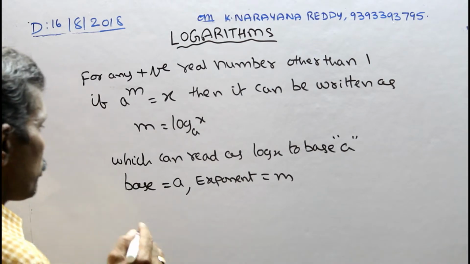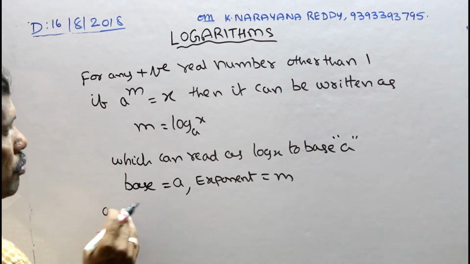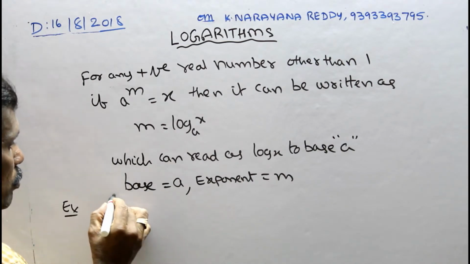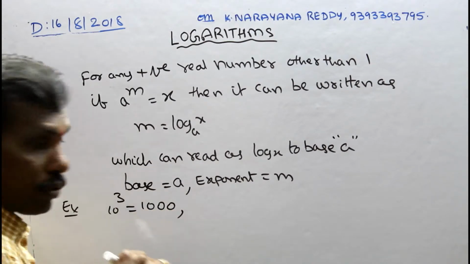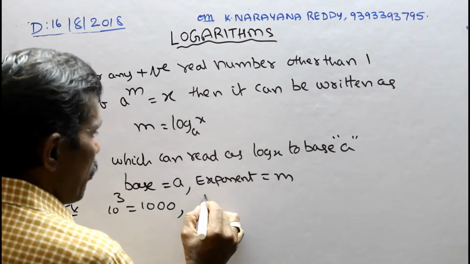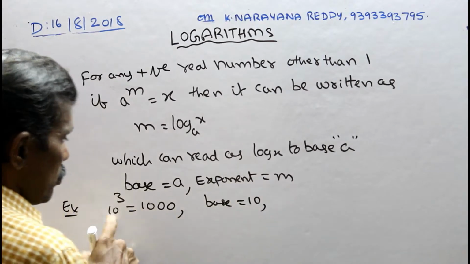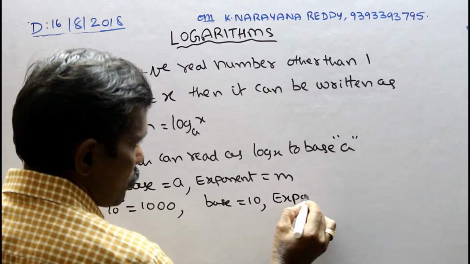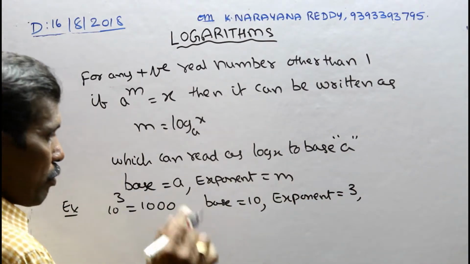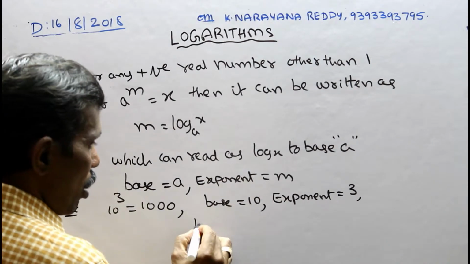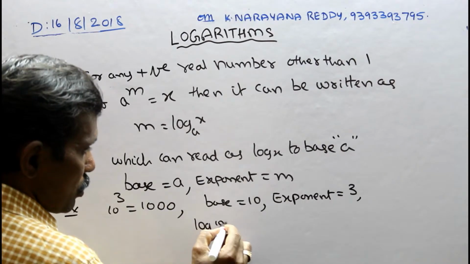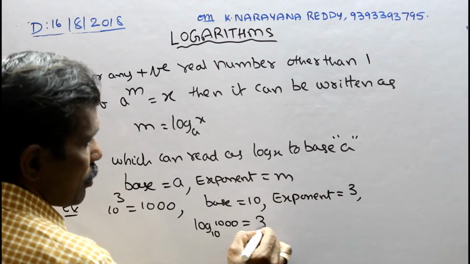For example, take 10 cube equals 1000. You know that. How can it be written in logarithm? Here the base is 10, the exponent is 3, and the value is 1000. So log base 10 of 1000 equals the exponent 3.